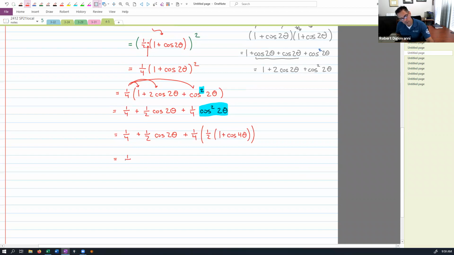So that becomes 1/4 plus 1/2 cosine 2 theta plus, now these two together make a 1/8. When I multiply those two together, I get 1/8, and then I'll distribute that through. So 1/8 plus 1/8 cosine 4 theta. Any questions there?